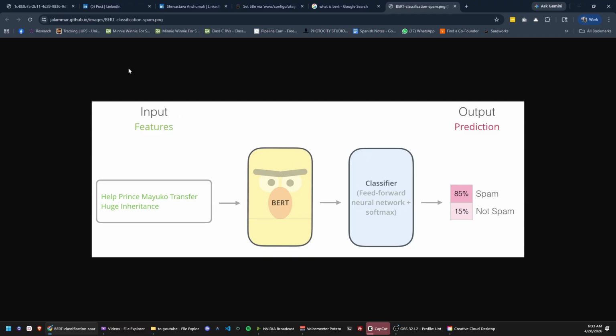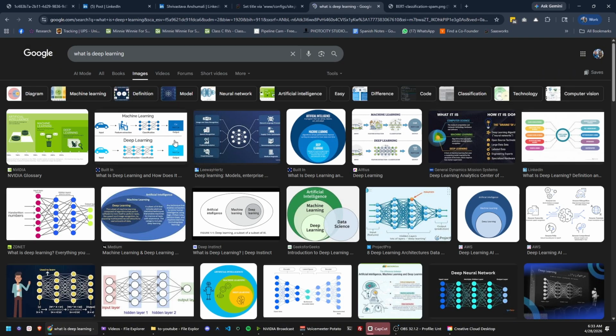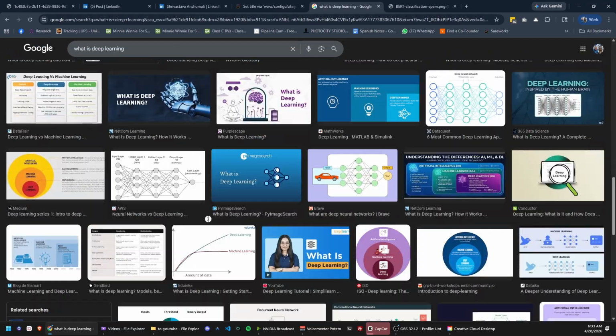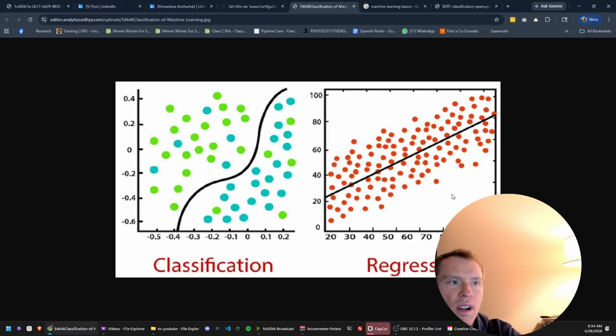When you go look up deep learning, here's another chart you'll often find as soon as you start looking into machine learning: different algorithms will classify data. BERT is a way in which you can take this feature learning that is inherent in SVD, which is basically compressing data.